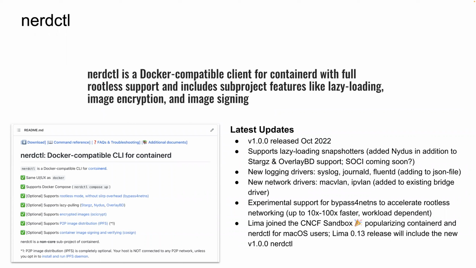So nerdctl is the Docker-like client that we actually have under the Containerd namespace today. It's only focused on the CLI aspect. It's pretty featureful, and it's kind of the place in Containerd where all of those little features that, oh, I wish Containerd could do this. It demonstrates the full capabilities of Containerd, and it's kind of awesome because it really uses every little feature that Containerd has.